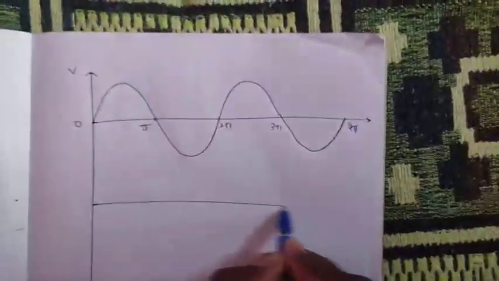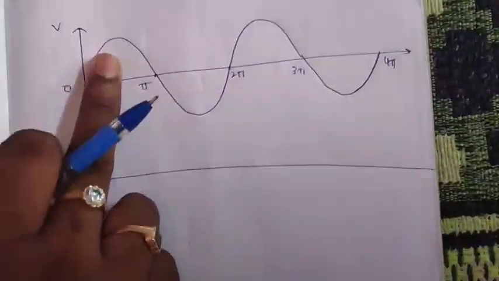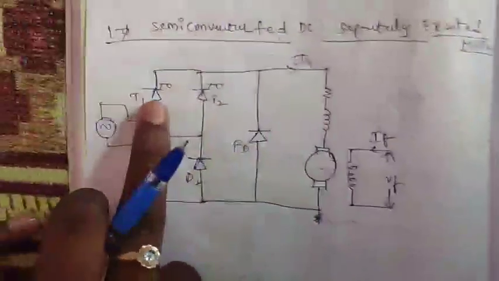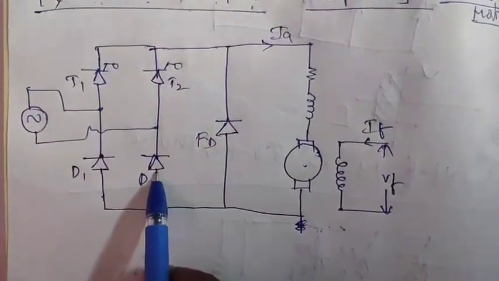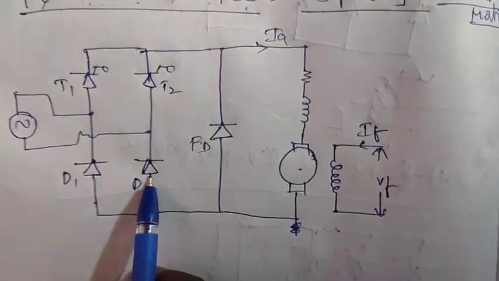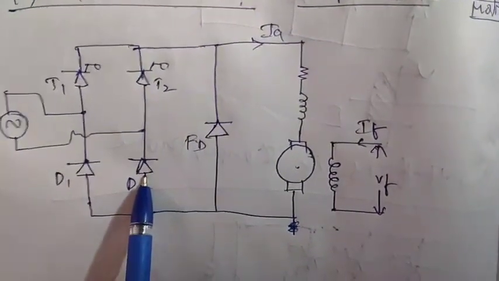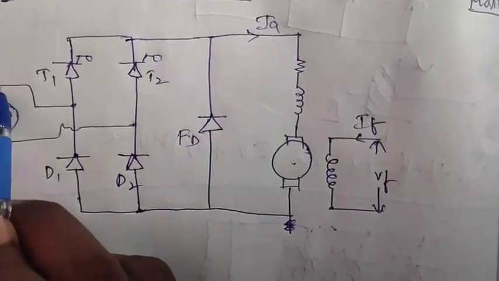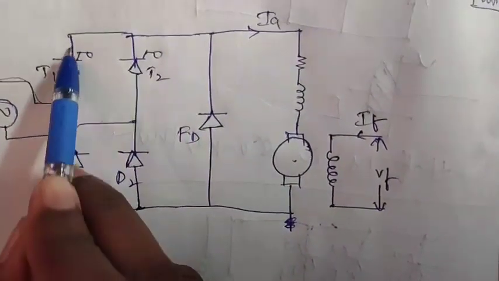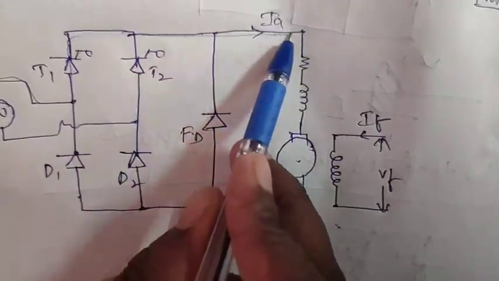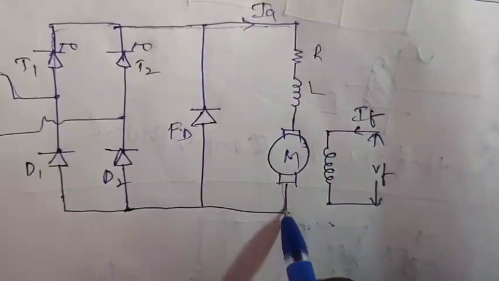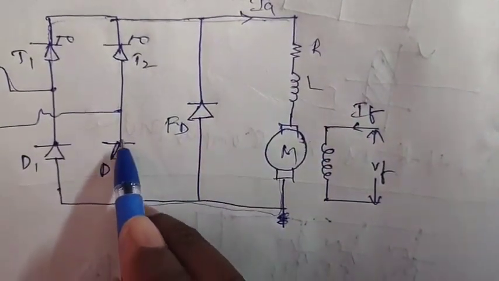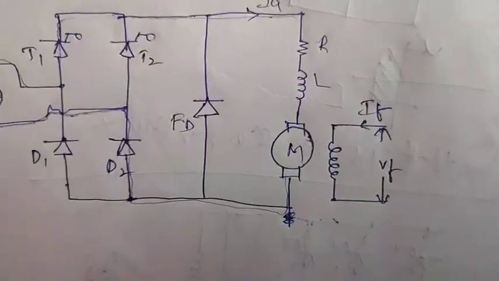So that is the semi-converter operation. What is the semi-converter operation? During the positive cycle, thyristor T1 and diode D2 are in forward bias but blocking mode. Whenever you give the firing angle, thyristor T1 conducts, so the current flows through T1, the armature R, L and motor, and then diode D2 to the negative of the supply.